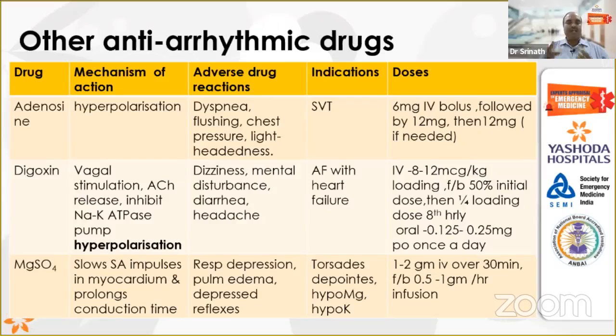So that is the benefit of magnesium sulfate used in torsades de pointes. But at the same time, what you have to watch for is respiratory depression, pulmonary edema, and depressed reflexes. What is the dose? You have to give 1 to 2 grams intravenous over 30 minutes. And then you can follow it by giving the infusion as mentioned.